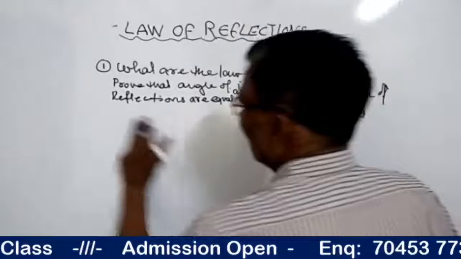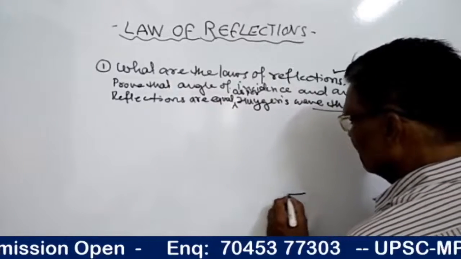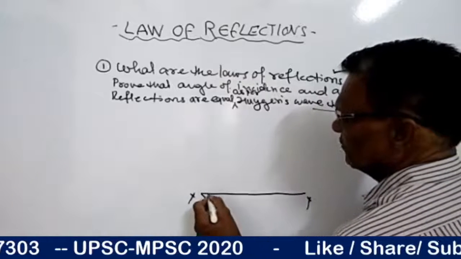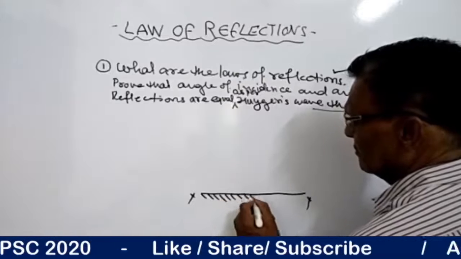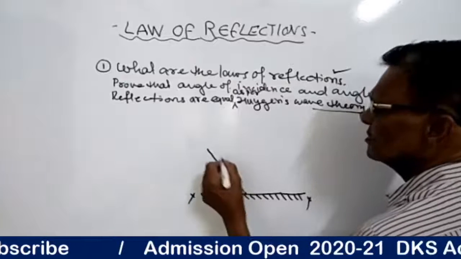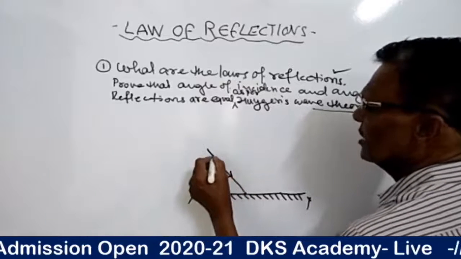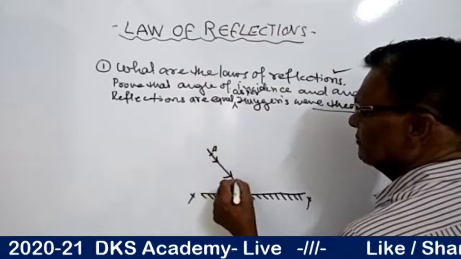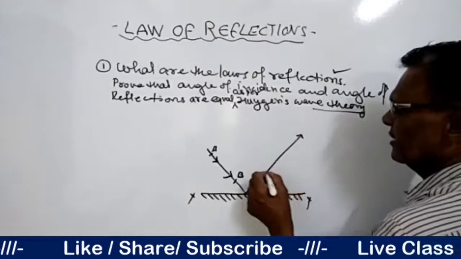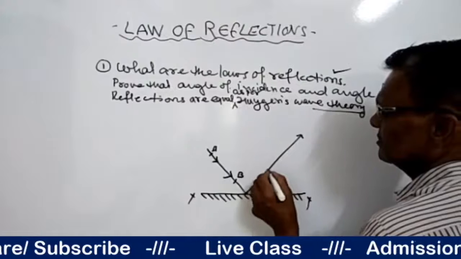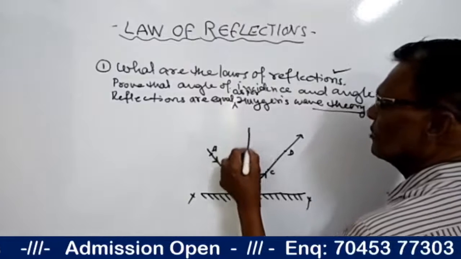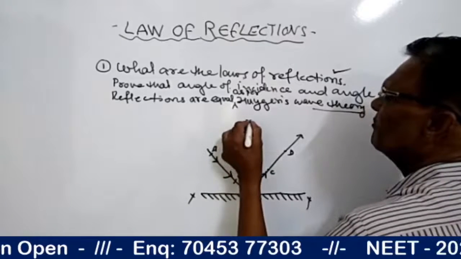So for law of reflection you have to draw a simple diagram. This is XY, this is your plane. This is your incident ray, you can say AB. This is your reflected ray, that is CD, and this is your normal, you can say MN.